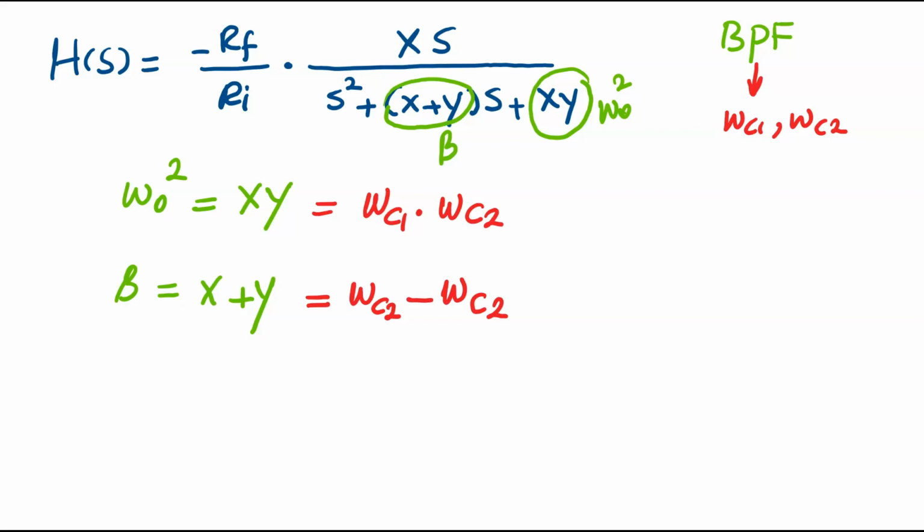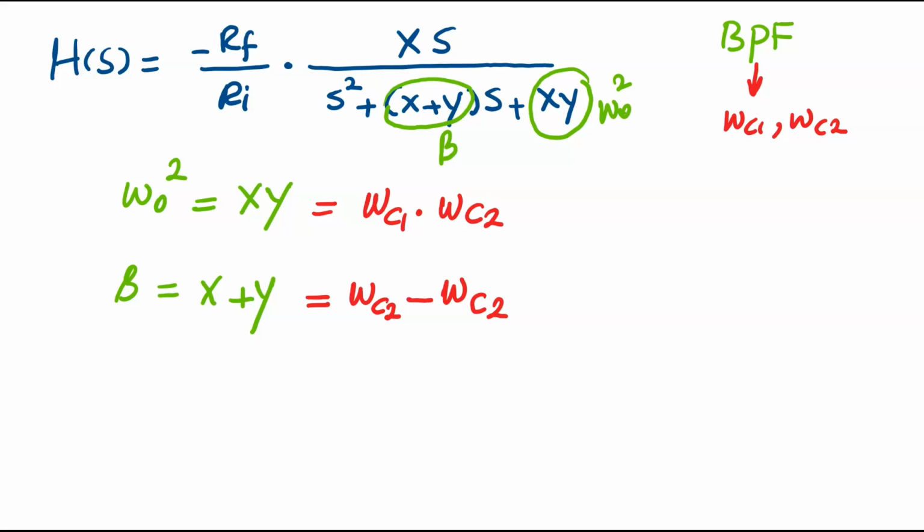These are equations that are true for every band pass filter. Now, looking at these two equations, the first one is basically telling me that x and y can be the same as omega c1 and omega c2, but the second equation is not going to be correct because it's telling me that x plus y is equal to omega c2 minus omega c1.